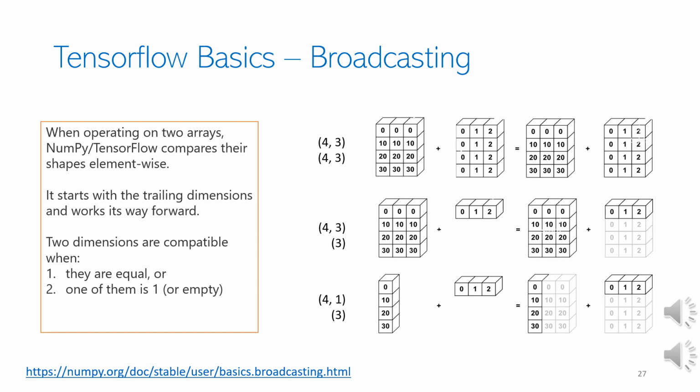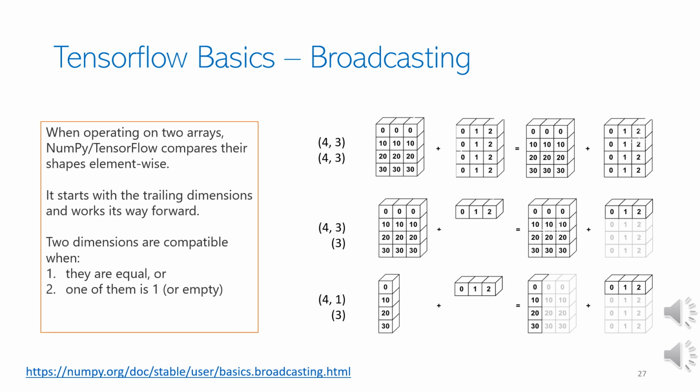And as you see here, this is a visual understanding of what happens in this case. The second tensor gets repeated in the first dimension. And then the second tensor is also a 4 by 3 tensor. Now we can have our element-wise addition.